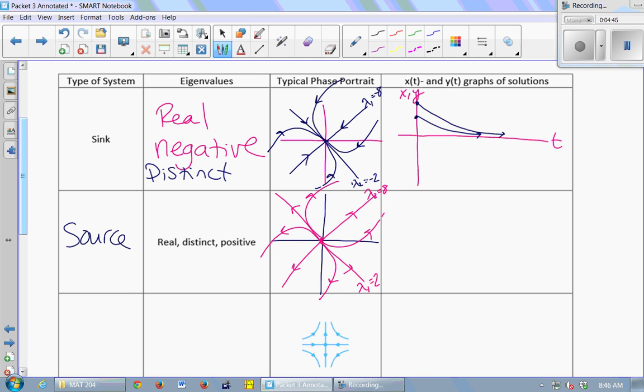And then if I wanted to draw solutions as functions of time, well, all my solutions start at 0 and just grow.